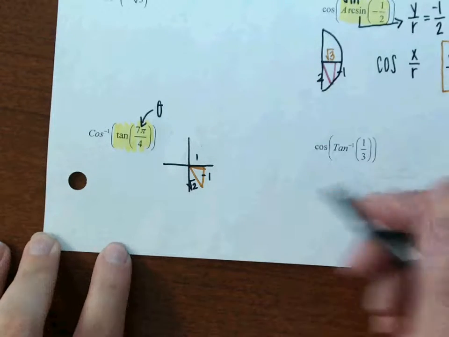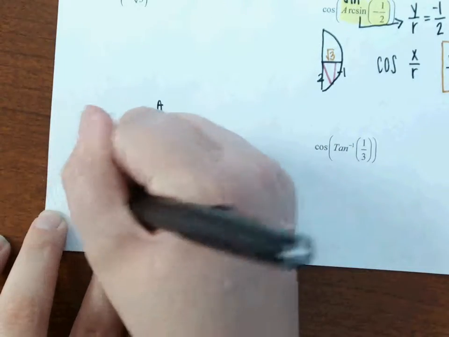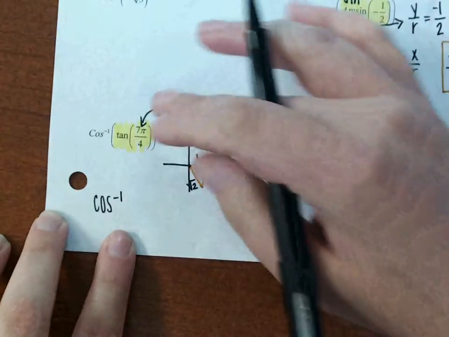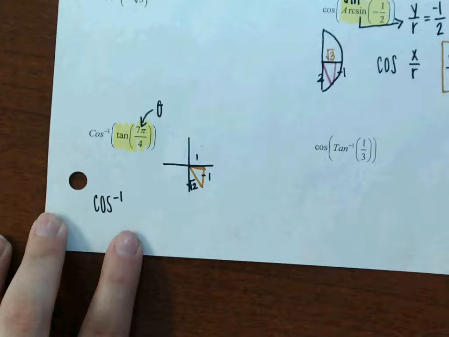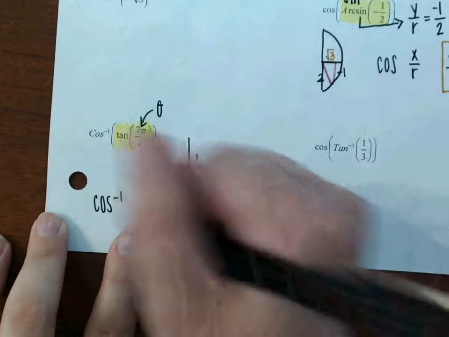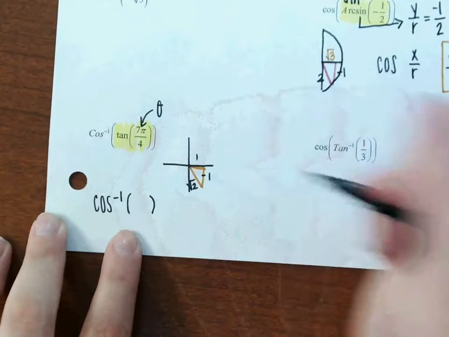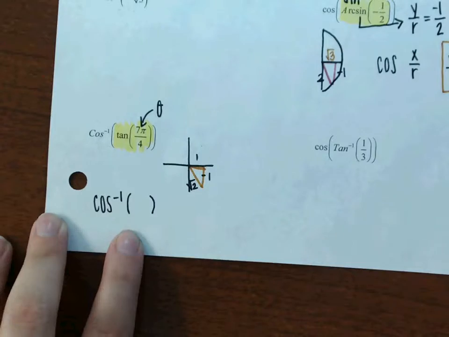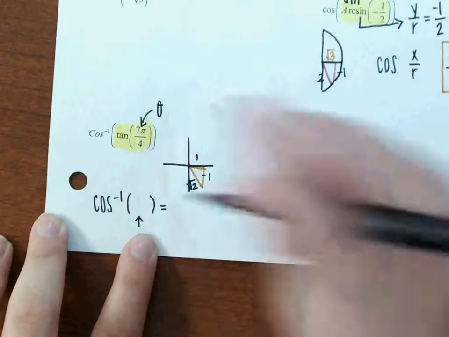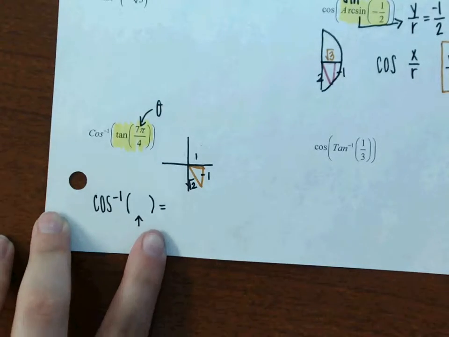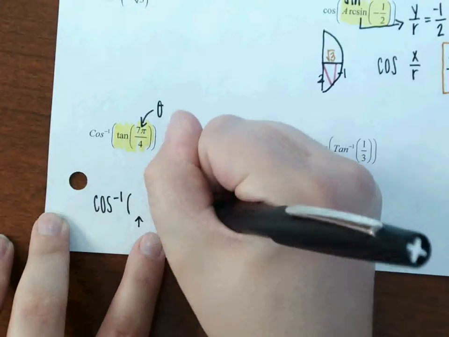So now we need to find inverse cosine using this data. So inverse cosine, and we're going to plug in our ratio, because whenever you use inverse cosine, you're looking for your theta.